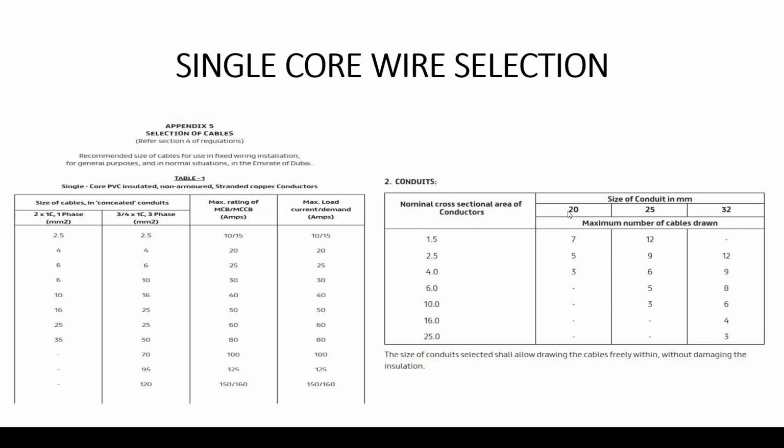I can't use 20 mm conduit. So that's it, the selection of single core wires in brief, of course, just as a basic guideline for people to look at and consider when they are selecting single core wires.